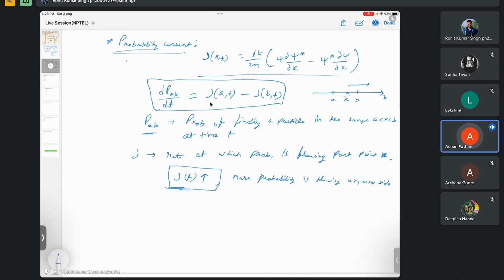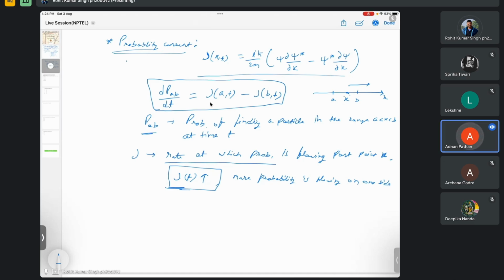Sir, I had a question. What is the significance of finding the probability current? If we have the probability of finding the particle within the AB limit, can we say that the probability current gives us the change in the probability? Yeah, that is the rate at which the probability is flowing, so the rate of change of the probability with respect to time.